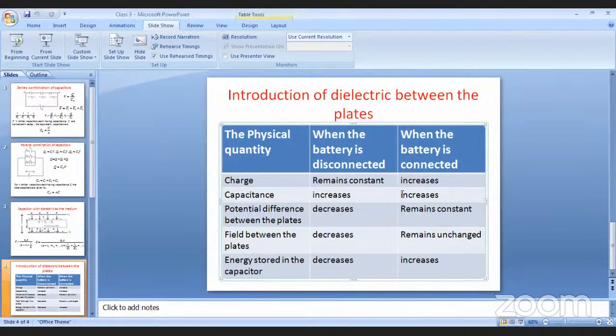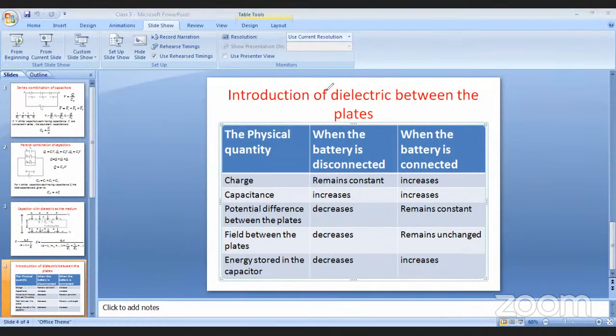What will happen to the potential difference between the two plates? When the battery is disconnected, the potential difference decreases. Now you can understand why the capacitance value increases: not only because of the dielectric constant of the material, but also because the potential difference decreases. This is one of the reasons for the increase in capacitance value.